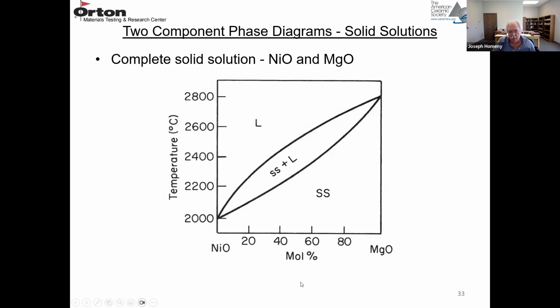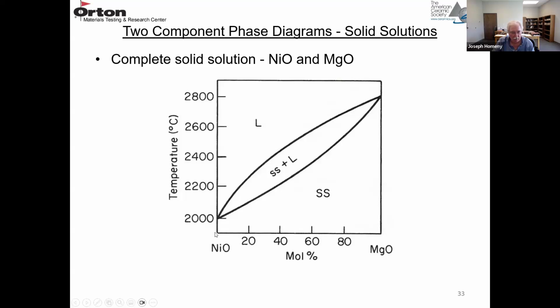This is what a solid solution phase diagram looks like. We have temperature, and then the composition in mole percent. This is 100% MgO. That's the higher melting point. It's a very useful refractory material, with around a 2800 degrees C melting point.